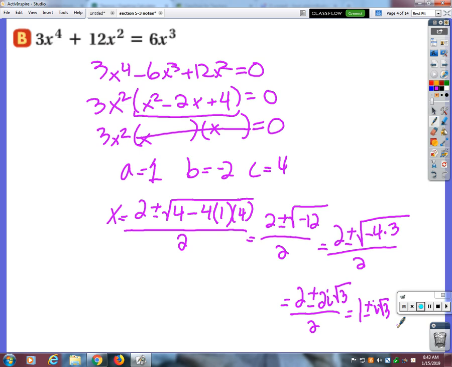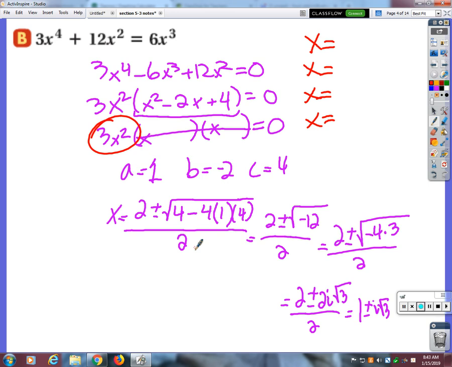So this equation actually has 4 solutions. What's one of the answers to this equation? Nice. So Eli goes back all the way to here, and we did factor out that 3x squared, right?